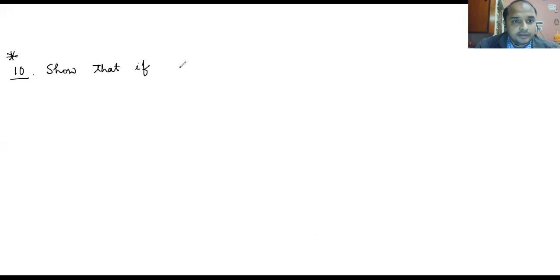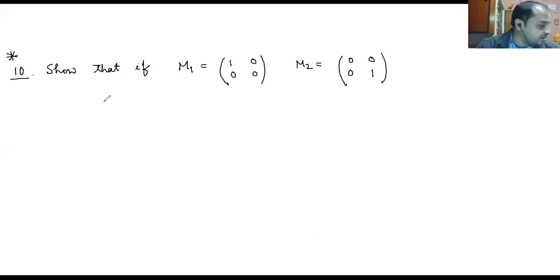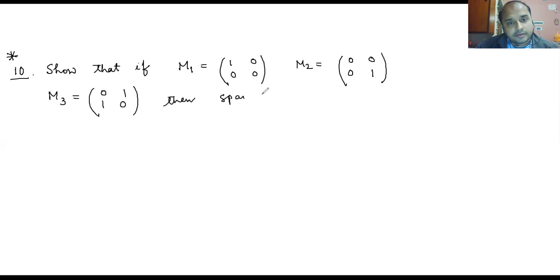Show that if M1 is equal to 1, 0, 0, 0, and M2 is equal to 0, 0, 1, 0, and M3 is equal to 0, 1, 1, 0, then span of S, find it out.